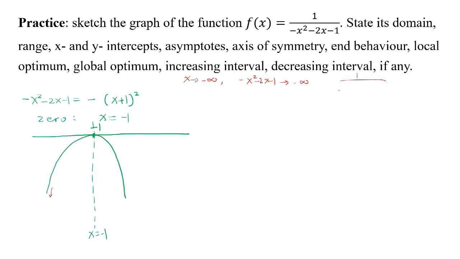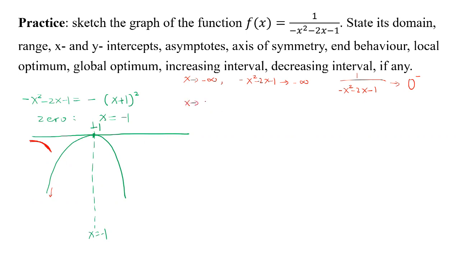And the reciprocal of a negative infinity should approach zero from the negative side, right? So that means when x approaches negative infinity, the reciprocal should approach zero from the negative side. So on this side, f(x) should have a shape like this, right?